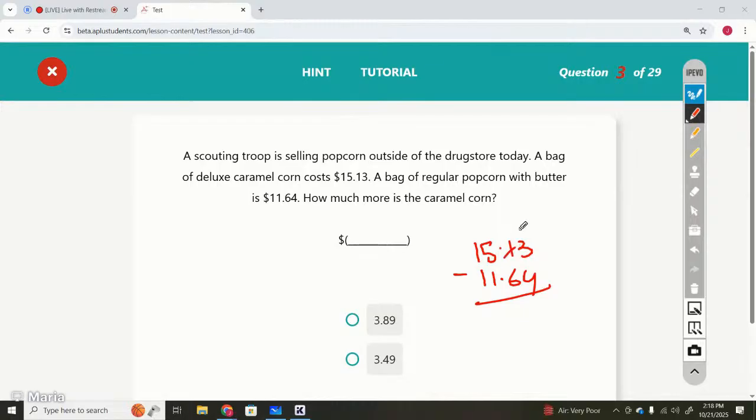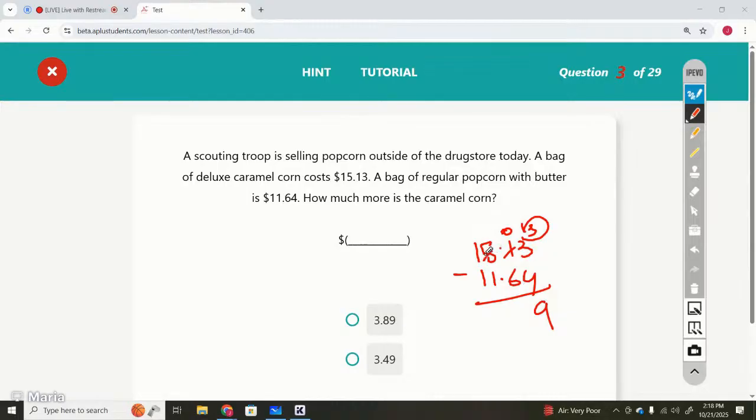So we need to borrow 1. 13 take away 4 is 9.